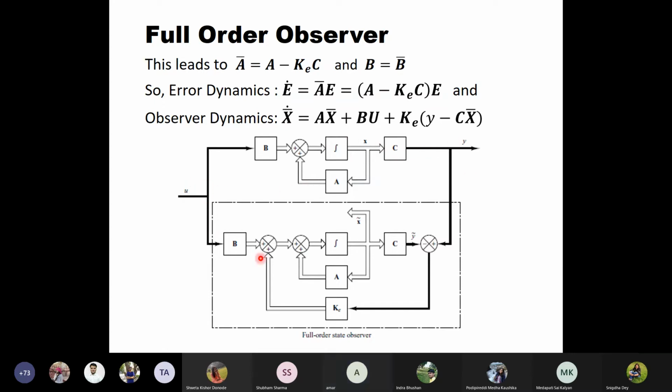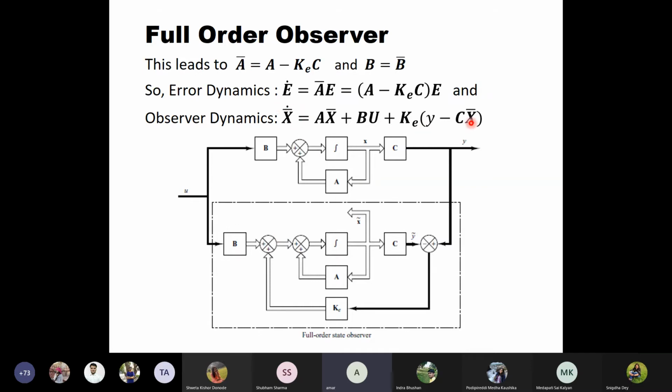And this is the full order observer model. These equations are implemented over here, and Ke is the full order observer gain. So here we have got the expression for the full order observer.